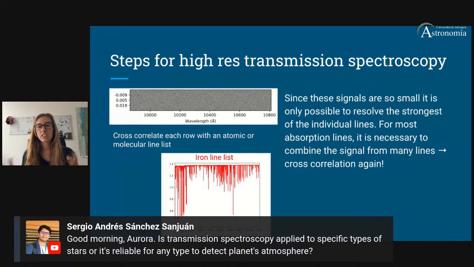And about the stellar spectral type, ideally, this is also best to do on stars that are quiet, so stars that aren't super variable, because any sort of signal you have from the star's variability is going to make detecting these lines a lot more difficult, because already we need thousands of lines.